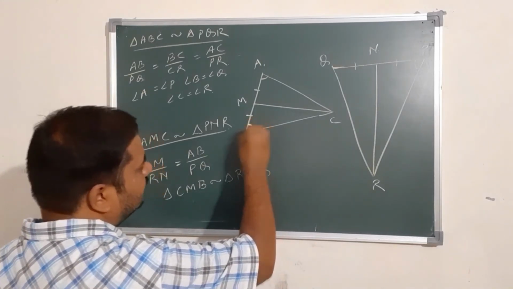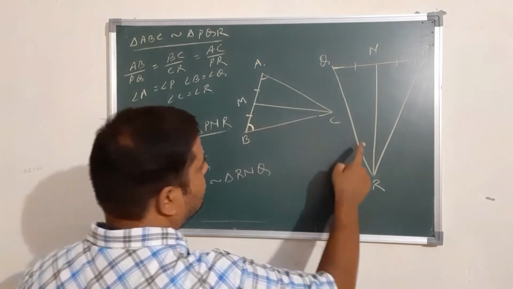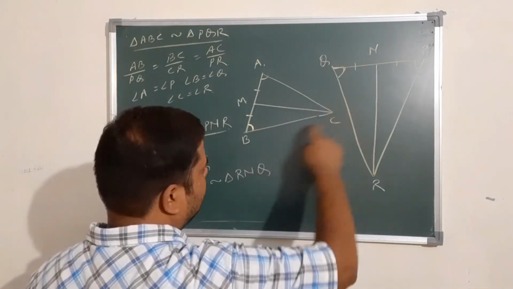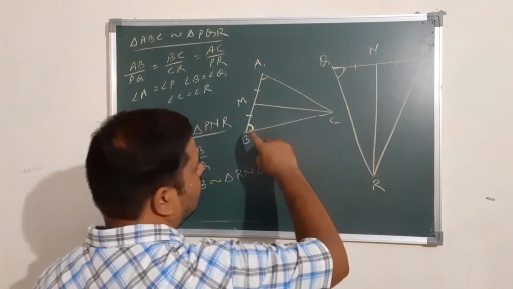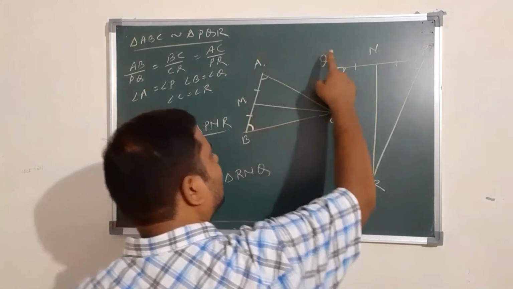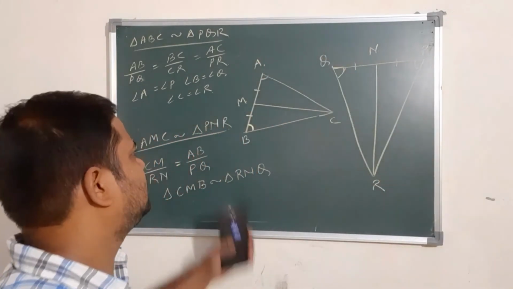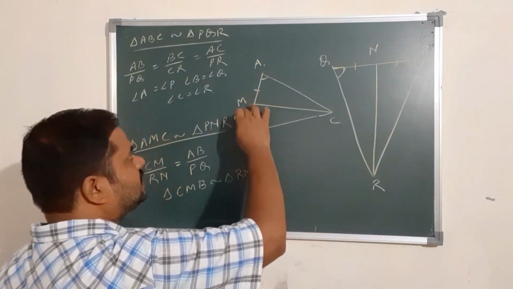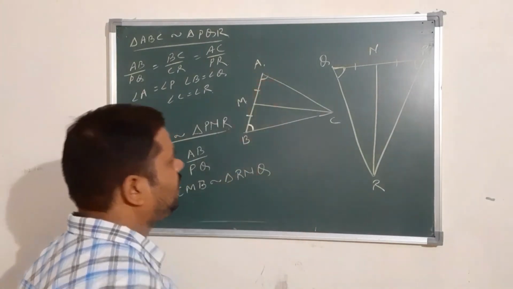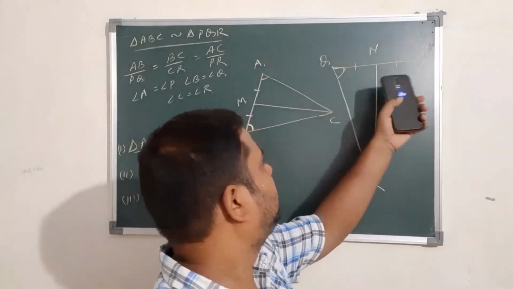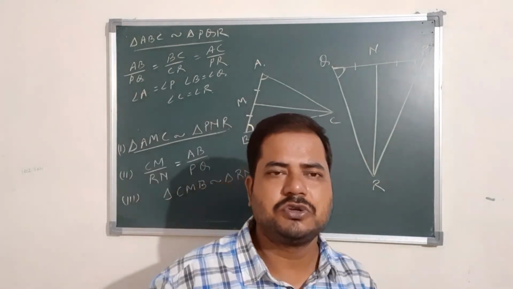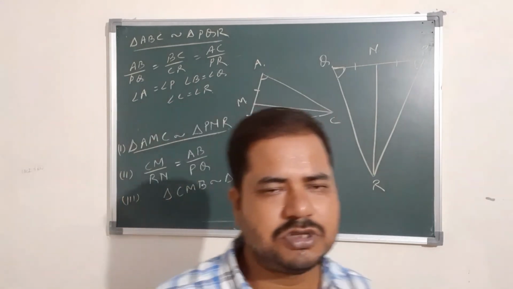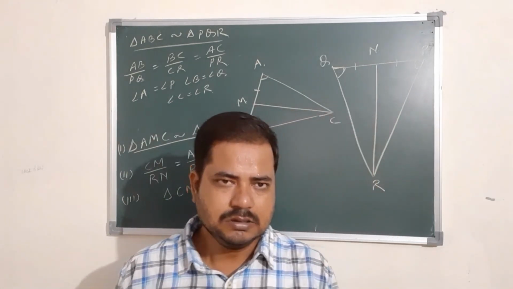Because this angle B is equal to angle Q, and this side upon this side is in the same proportion. Because of the median, AB is 2 times MB and PQ is 2 times QN, so MB upon QN we get. So in this manner you try to solve the questions based on the criteria of similarity.